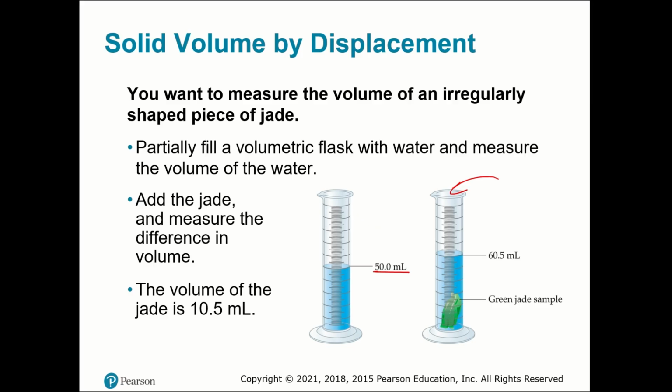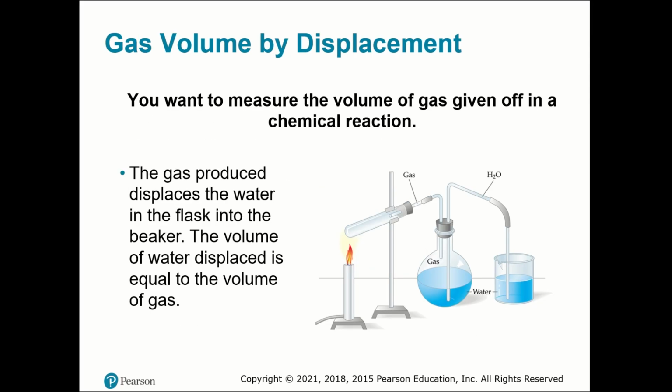See that the volume increased over here. So what you're going to do is subtract this by this, and you have the final volume, which is the volume of the solid. Easy.